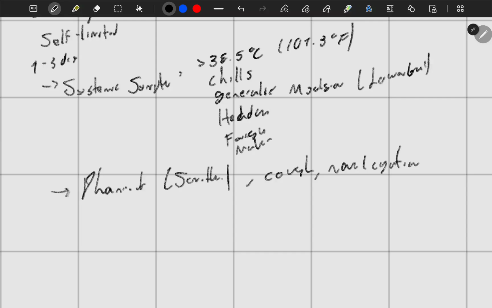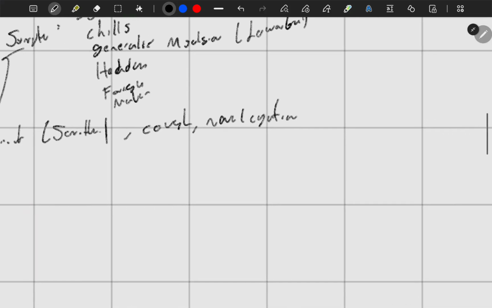With influenza, systemic symptoms are more pronounced than the upper respiratory symptoms. With other respiratory viruses, in contrast, the upper respiratory symptoms predominate. This is important to establish the diagnosis. Patients often describe influenza as the worst cold I've ever had.